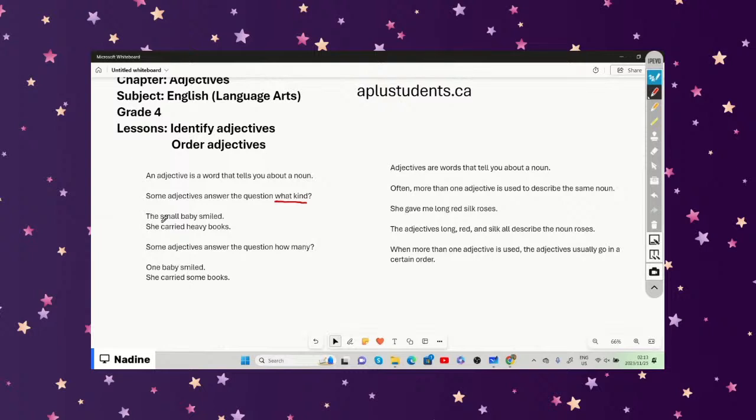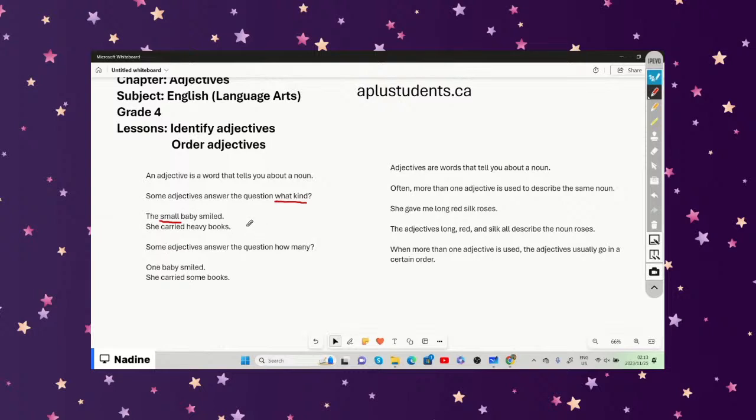Then we can say the small baby. It can be the small baby, the cry baby, the poopy baby. But you can describe the baby as in what kind of baby.